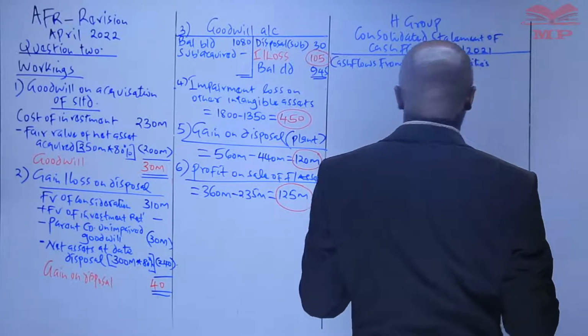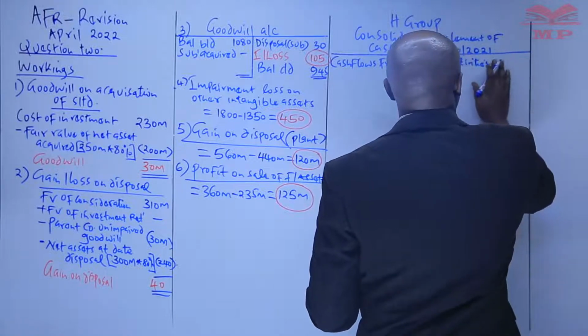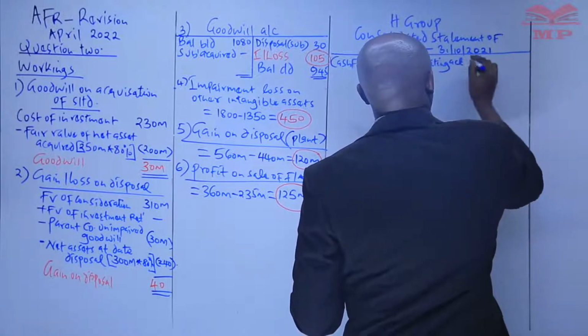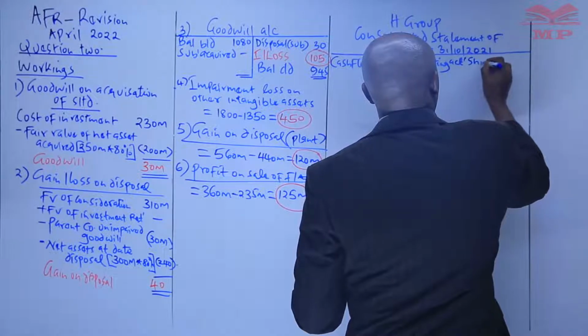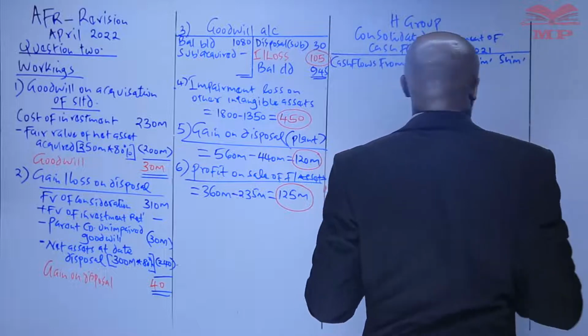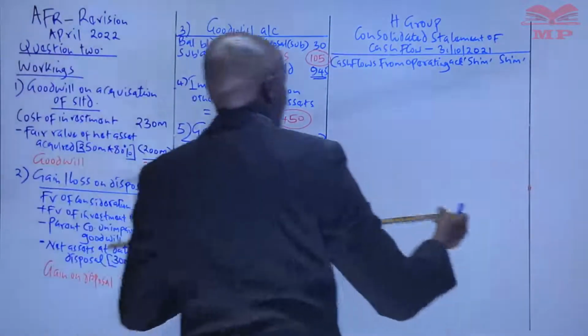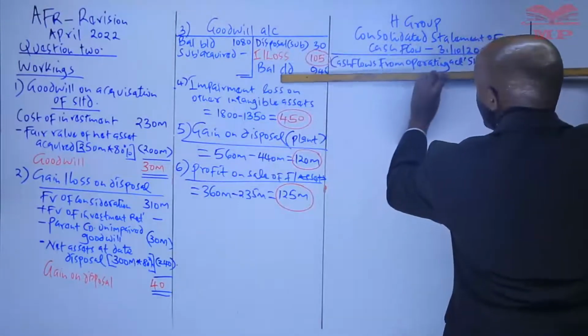We need to have at least two columns here. Our figures are in millions of shillings. So that's what we start with here.